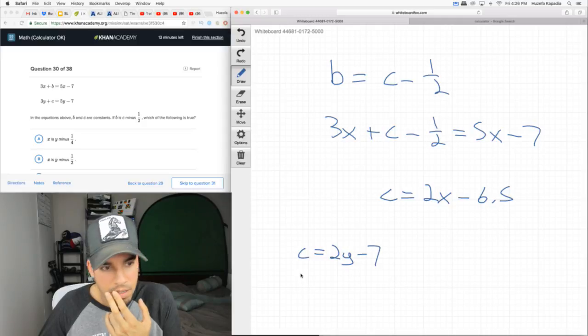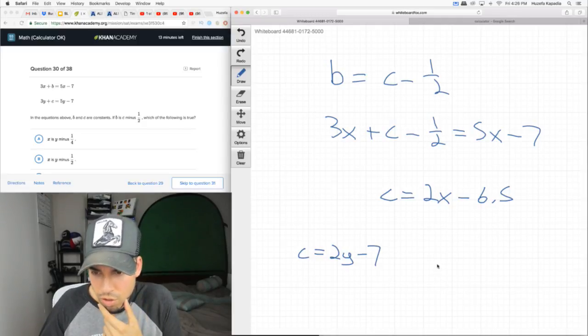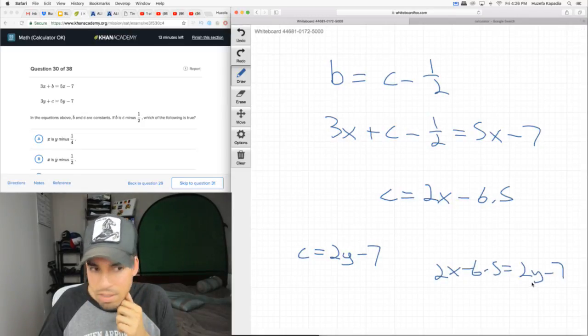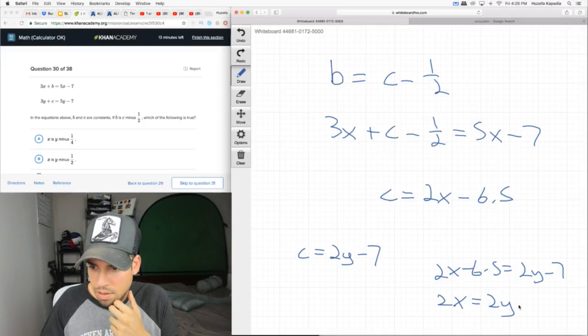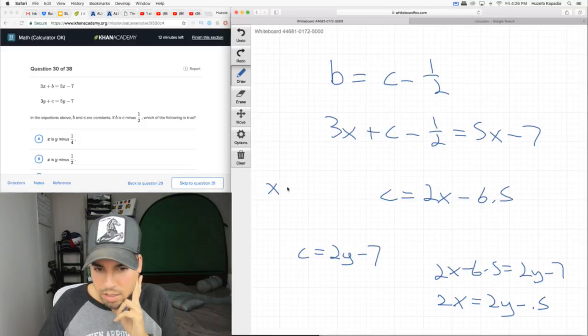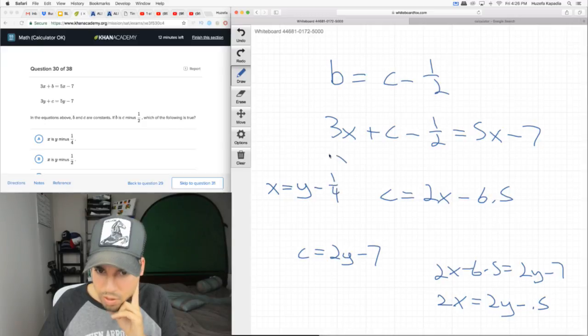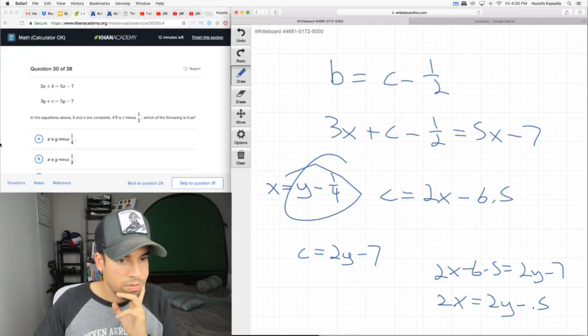Okay, and then therefore 2x minus 6.5 equals 2y minus 7. Therefore 2x equals 2y minus 0.5. Therefore x equals y, 1/2 divided by 2 is 1/4, minus 1/4. There it is. X equals y minus 1/4.